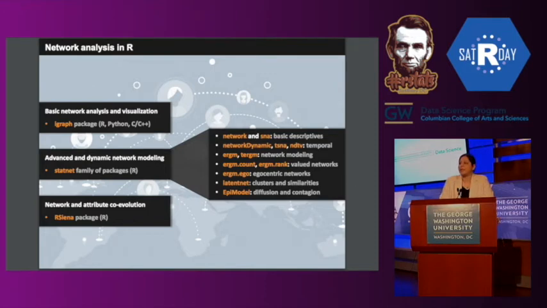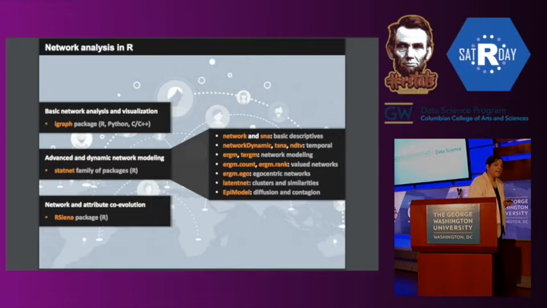The one that I am going to talk about most today is the iGraph framework. iGraph is a package that exists in R, in Python, and in C, C++. A lot of people use it, and it is really great for basic analysis and visualization of networks in R, right? All of the basic stuff that you want to do in networks exists there. It's scalable, it's really easy to use, it's good.